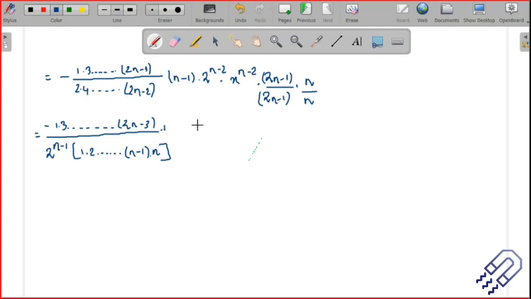Let's just check it once. We are left out with n minus 1, okay, n minus 1 and 2 to the power n minus 2. We are left out with that. Okay, and then we have got something which is x to the power n minus 2. Okay, and we have 1 2 n minus 1, right?